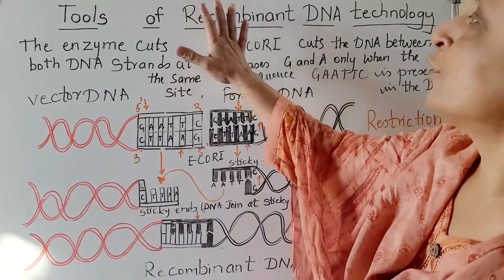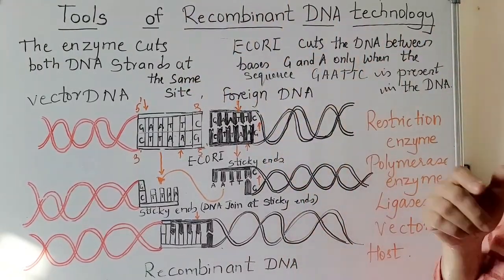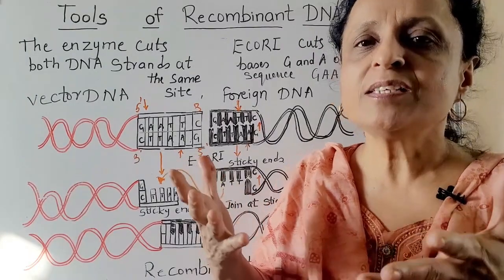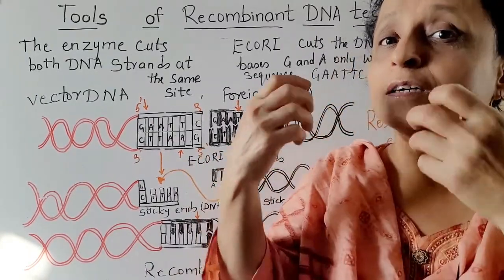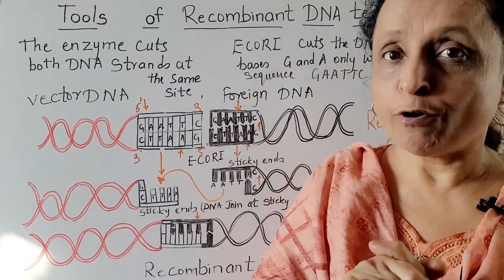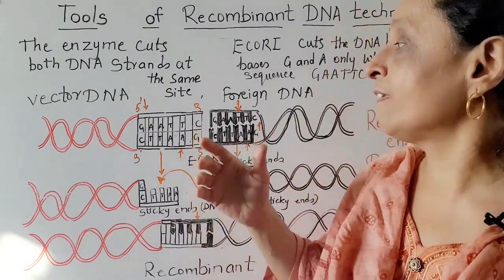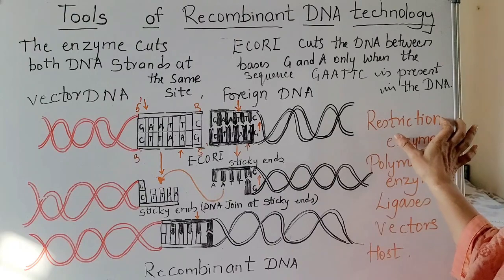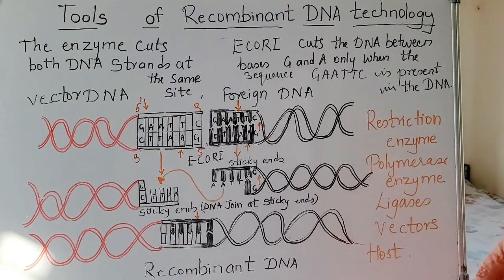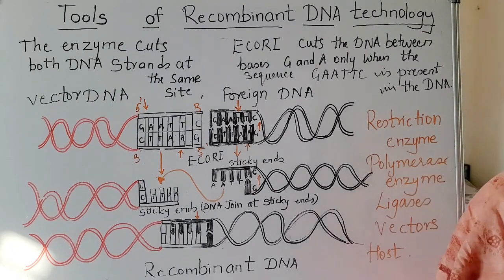Now, tools of recombinant DNA technology. What is required for a new DNA to be formed for genetic engineering? So let's see here: the restriction enzymes, very important; polymerase enzyme, ligases, vectors, host.